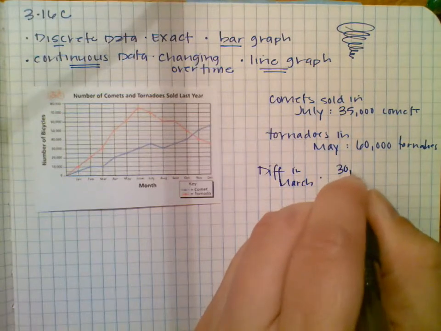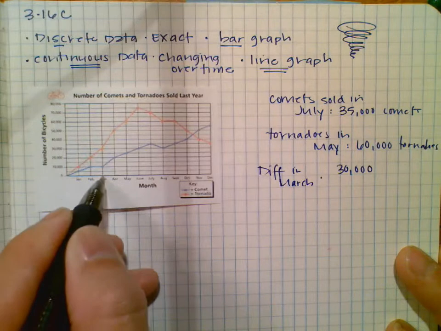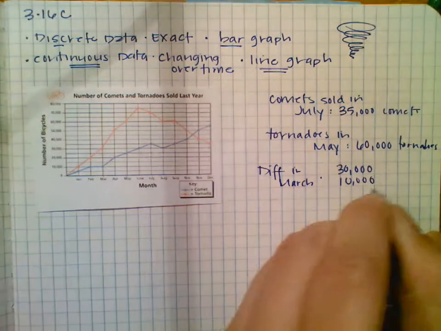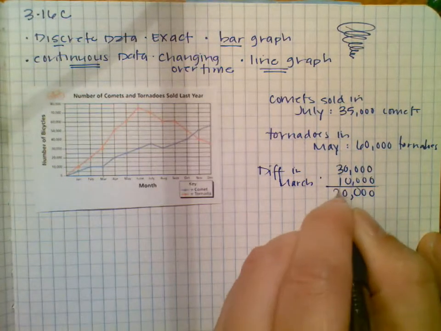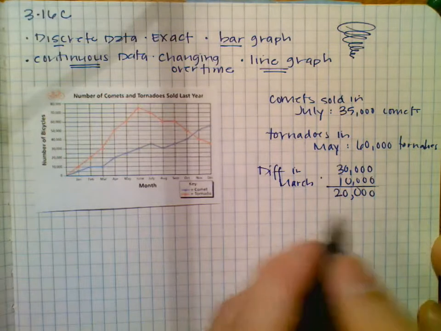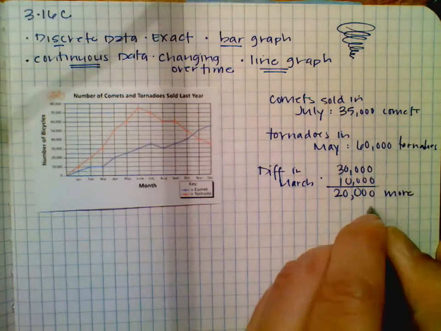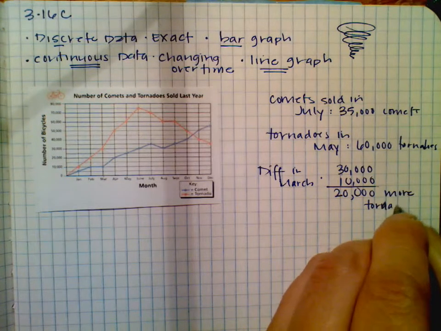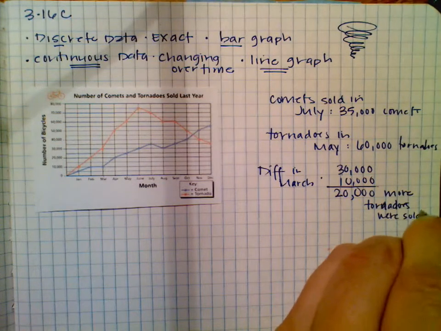There's about 30,000 in March. And then the comet in March was 10,000. So we're going to subtract, the difference is 20,000. 20,000 what? 20,000 more tornadoes. Oops, can't spell. Tornadoes were sold.